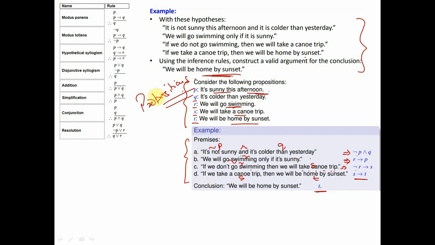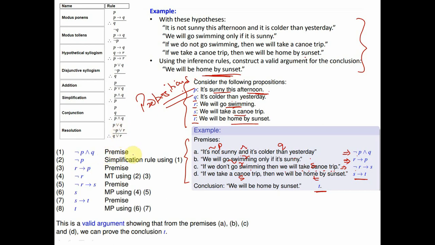Now I can very easily apply the various rules of inference to come up to the conclusion. So we have negation of P and Q as the premise. I can apply the simplification rule over here.